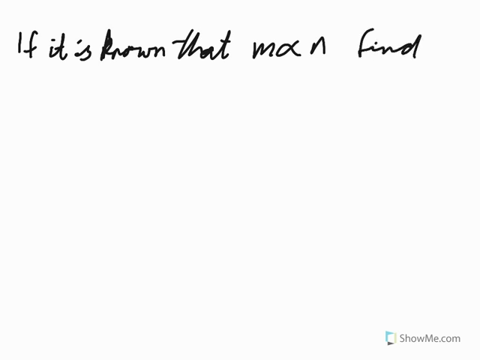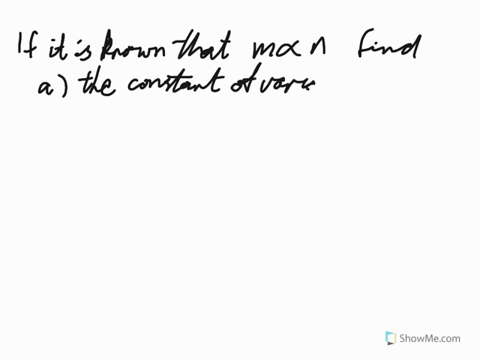If it is known that m is proportional to n, so direct variation exists there, find A, the constant of variation, and secondly B, the missing values.